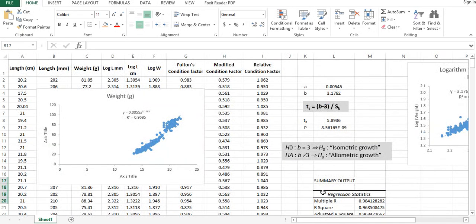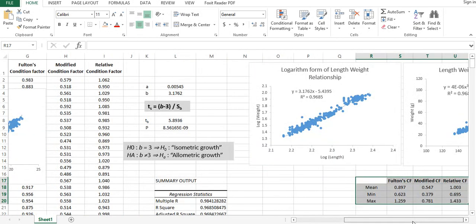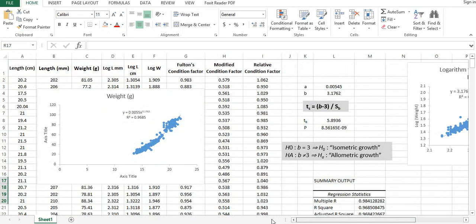Statistics is sometimes required to establish significance, and you can also check lots of statistics for the condition factor, which we'll do later on. So this was a few important pieces of information about the length-weight relationship and the condition factor. Thank you.